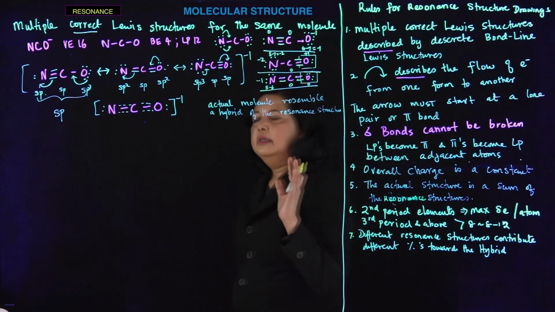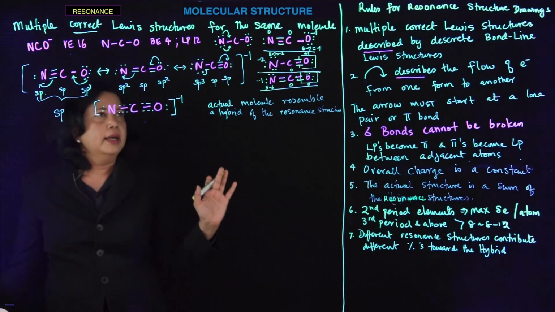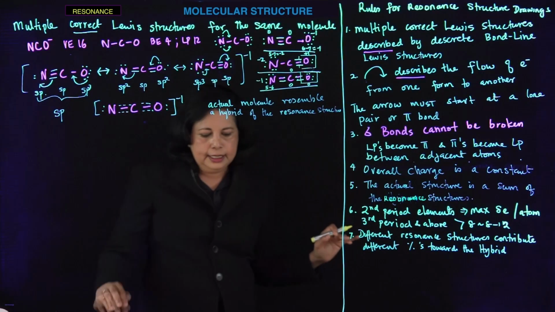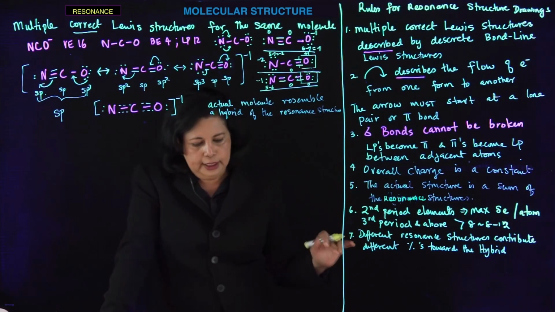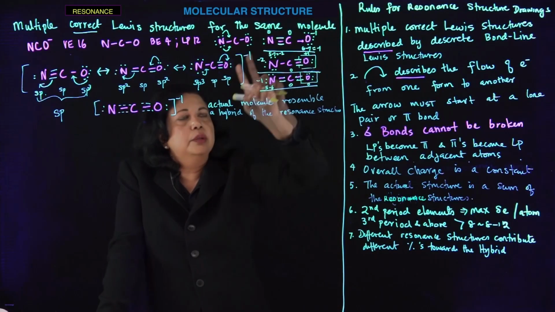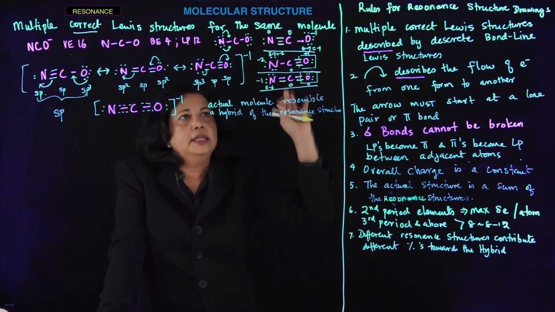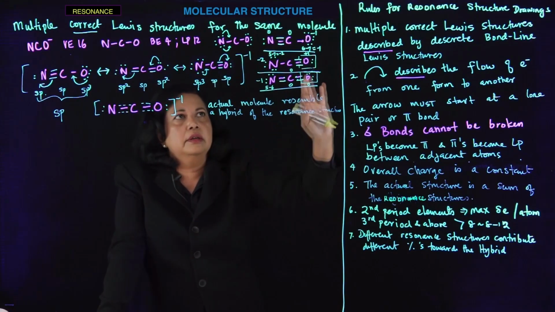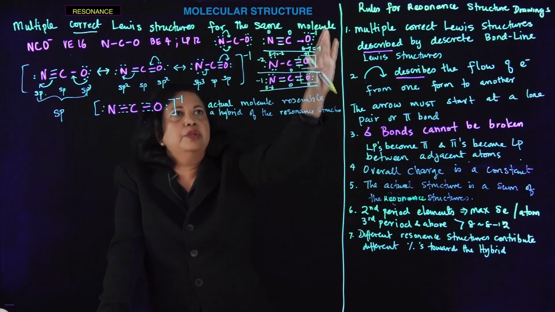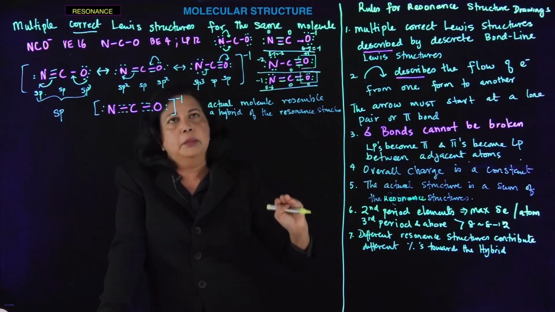More stable would be determined by, one, is it going to have a charge on the more electronegative atom, and two, is the overall charge for the molecule the minimum possible.